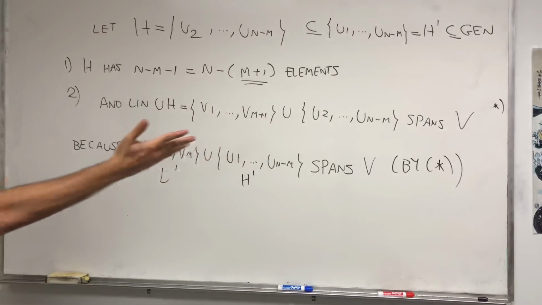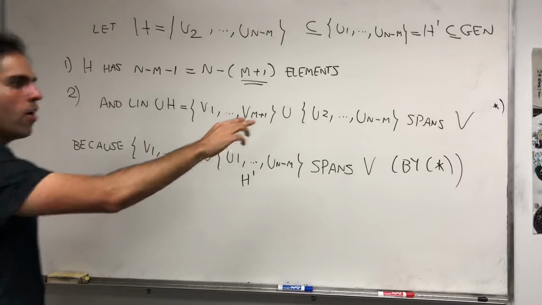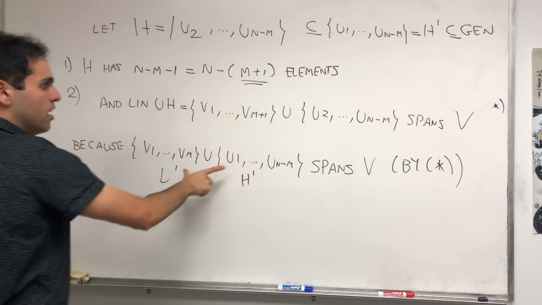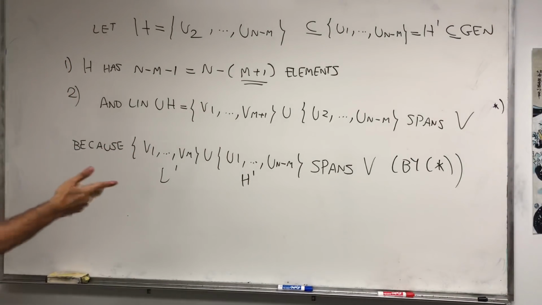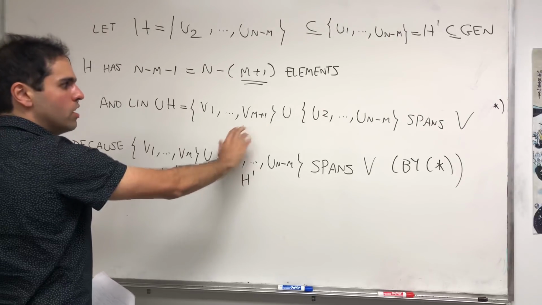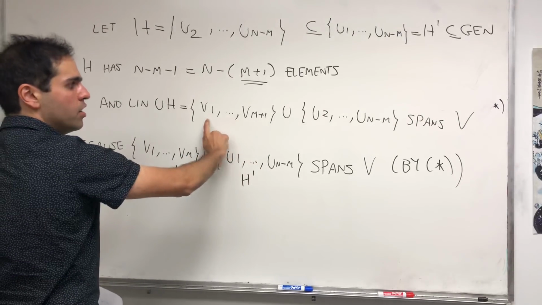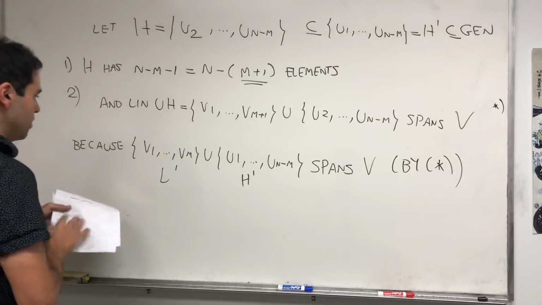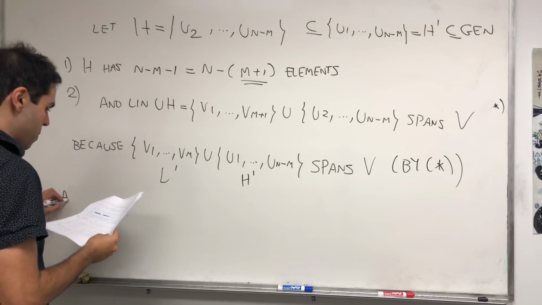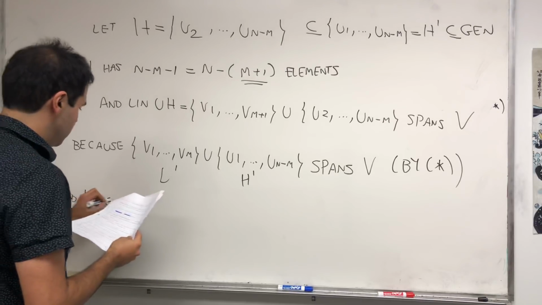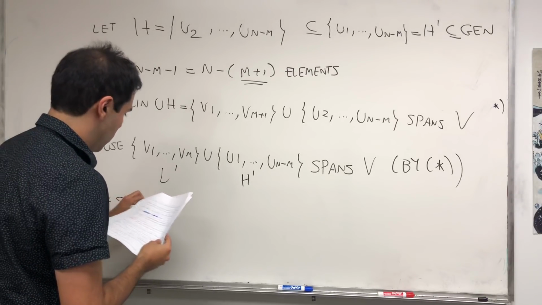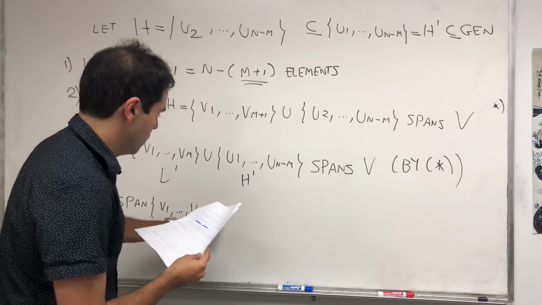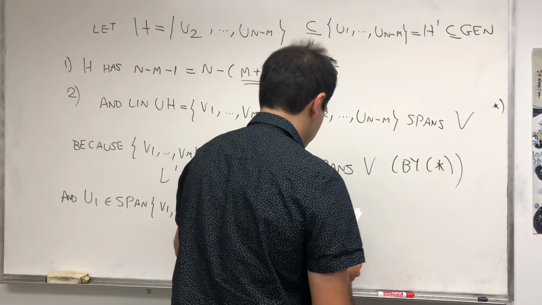That's one thing. So the idea is, if you let V be arbitrary, then V is a linear combo of those things. But remember that U1 is also a linear combo of V1 dot dot dot V_{m+1}, U2 dot dot dot U_{n-m}.